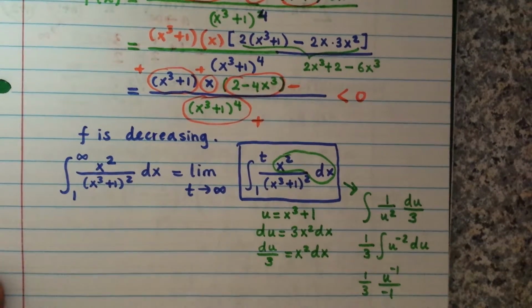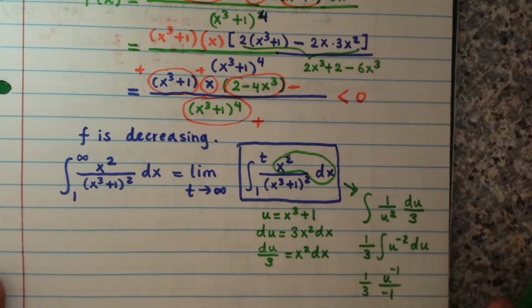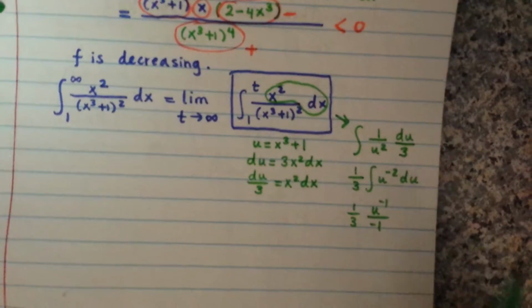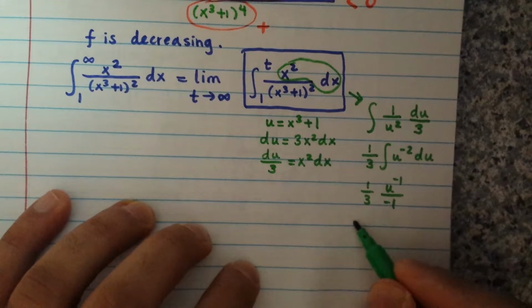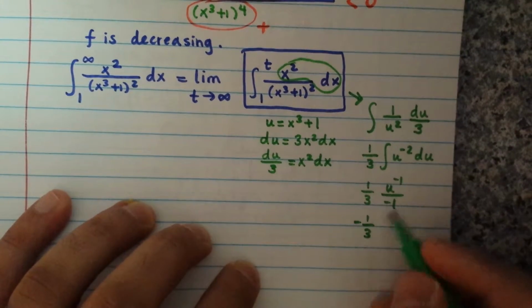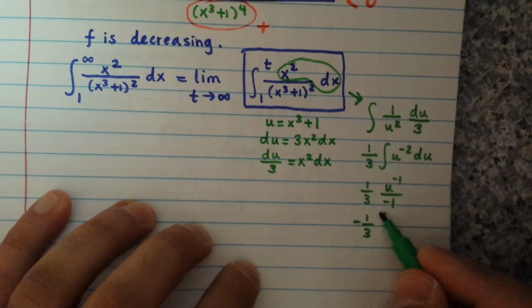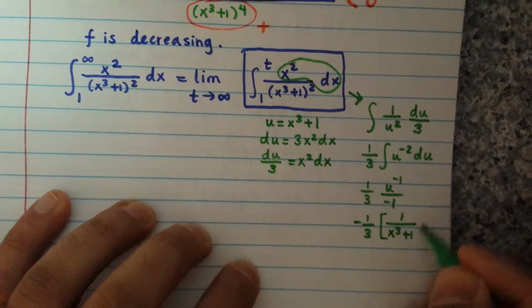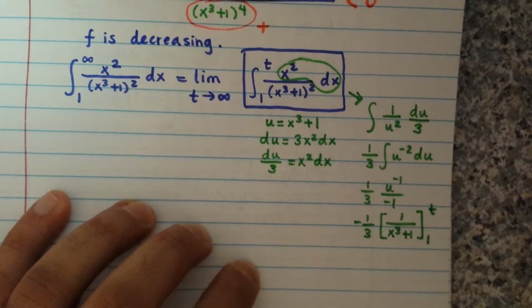So that will be negative 1 over 3 times 1 over u, but u was x cubed plus 1, so that will be 1 over x cubed plus 1 evaluated from 1 to t. So this is what we get.